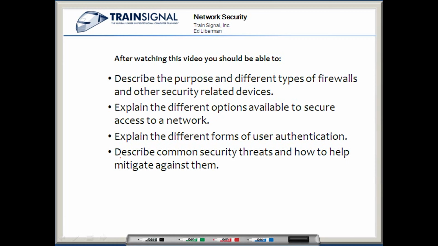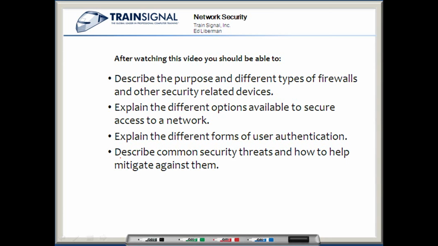To be a successful network administrator, you need to understand these high-level concepts. If you want to take it to a new level and want to be a security engineer, well, then you're going to need to go out there and learn a whole heck of a lot more. But at this point, you should be able to describe the purpose and also the different types of firewalls and other security related devices that we can use, like IDSs and IPSs.